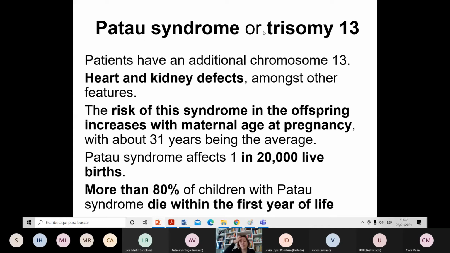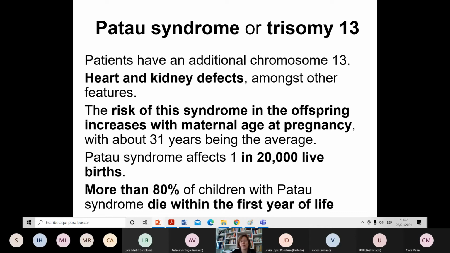Patau syndrome is not as famous as Down syndrome because it affects many fewer people, 1 out of 20,000 live births, but most of them die before being born, so they are natural abortions.